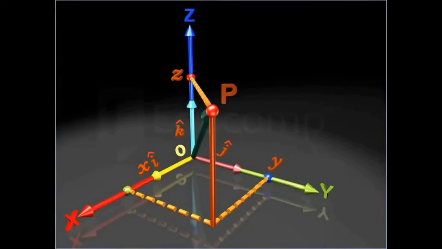Similarly, the product of scalar component y and unit vector j cap represents a vector y j cap, and the product of scalar component z and unit vector k cap represents a vector z k cap.